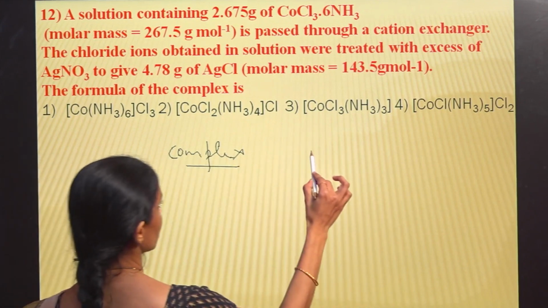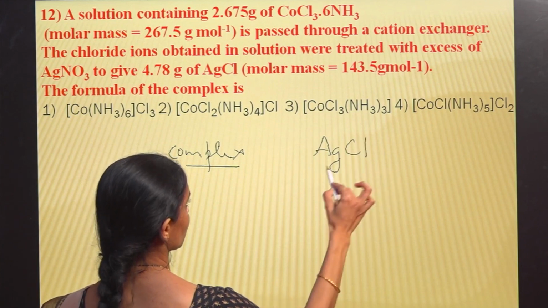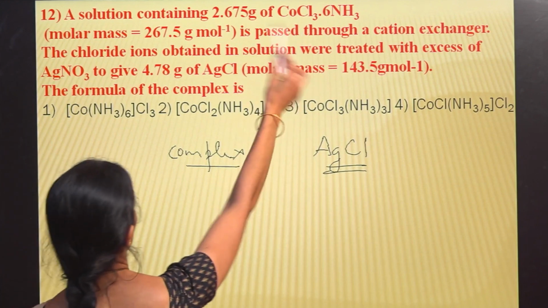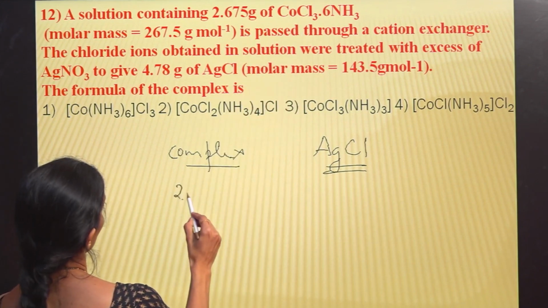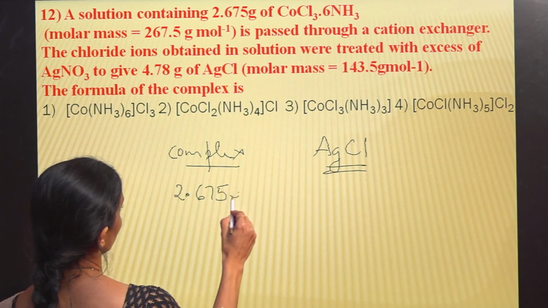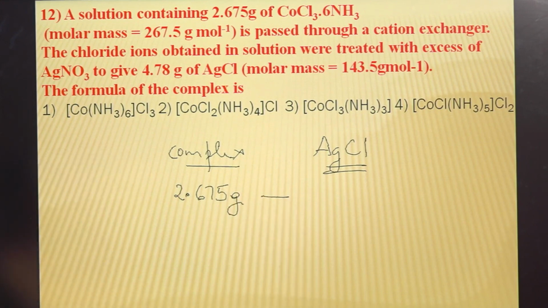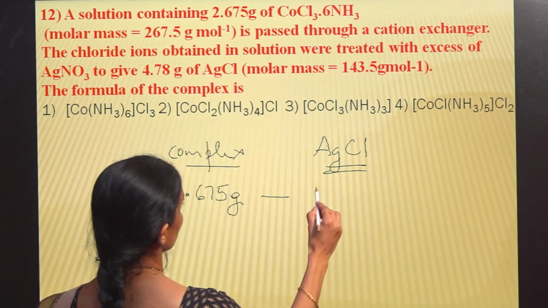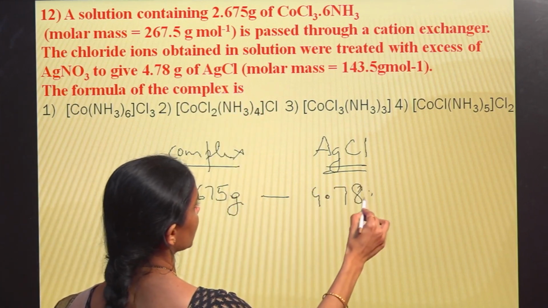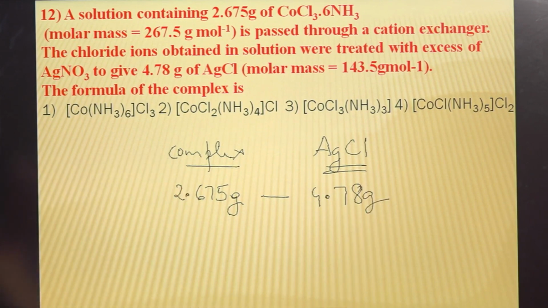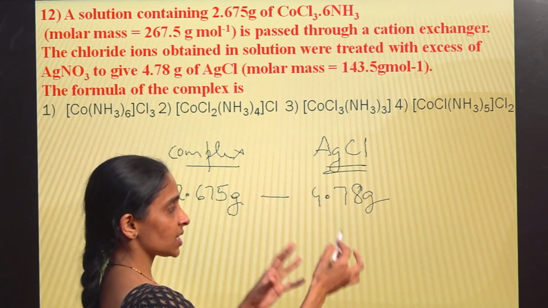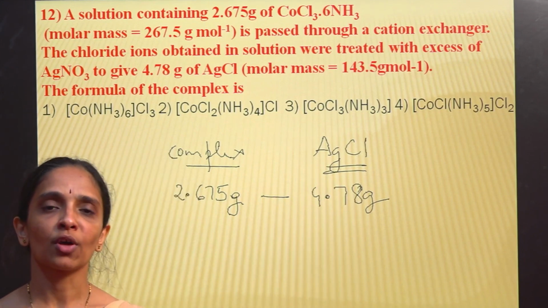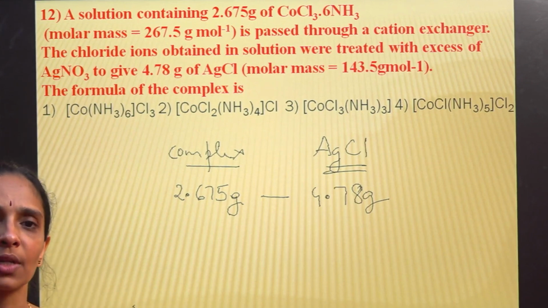Okay, so I'll make two columns, complex and AgCl. The mass of the complex is given as 2.675 grams. The mass of the AgCl it forms is also given, 4.78 grams. What I need is how many moles of AgCl are formed. If 2 moles of AgCl are formed, the meaning is 2 ionizable chlorines are present.